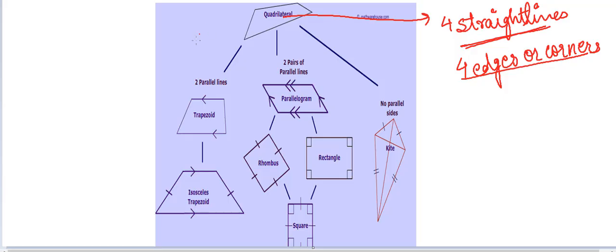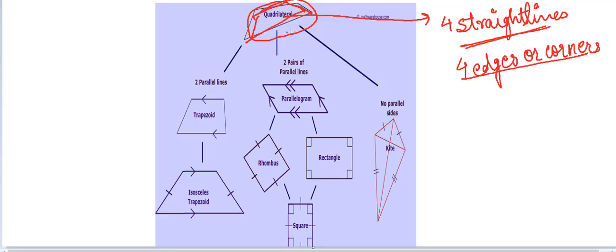A polygon which has four straight lines, four edges and corners is known as the quadrilateral. Like in this figure, it has 1, 2, 3 and 4. It has four straight lines, so it is a quadrilateral.